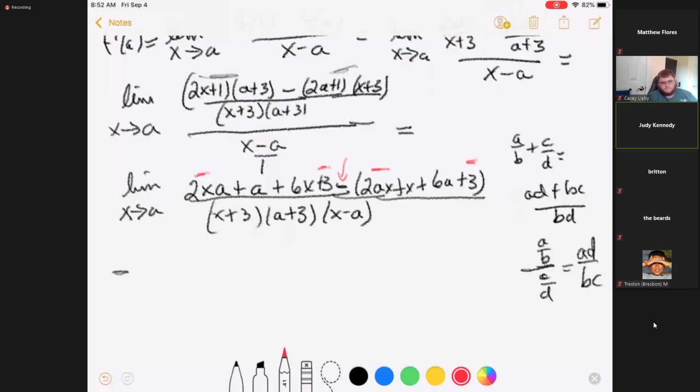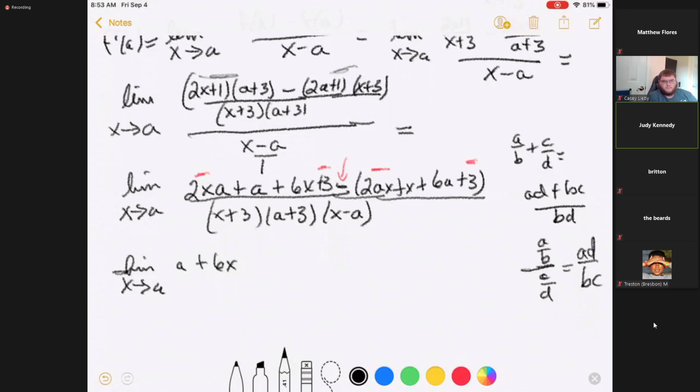Let's get rid of those. So the 2xa adds out. But we have a plus 6x, the 3 added out. So I have to write that.